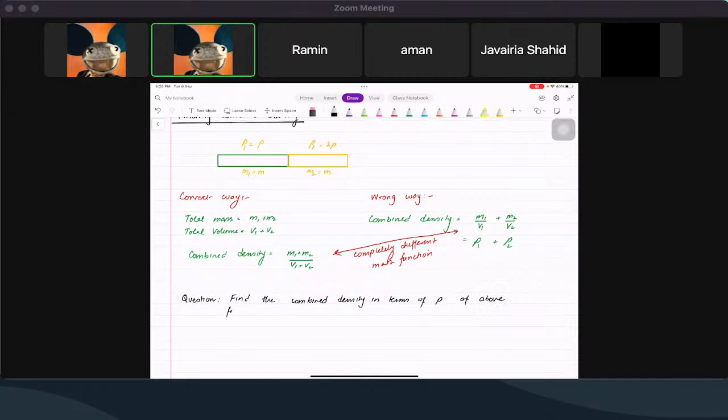So you know that one has a density rho, one has 2 rho, and mass m and m, and I want you to find the combined density in terms of rho. Can you guys do it, please? Hurry up, please.